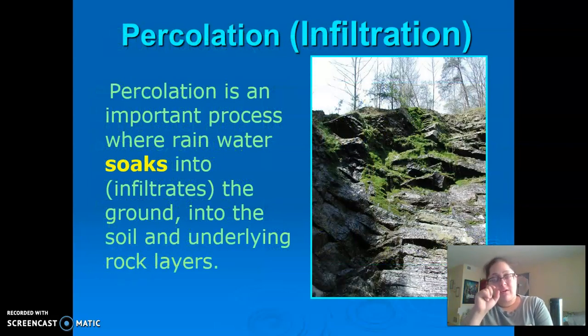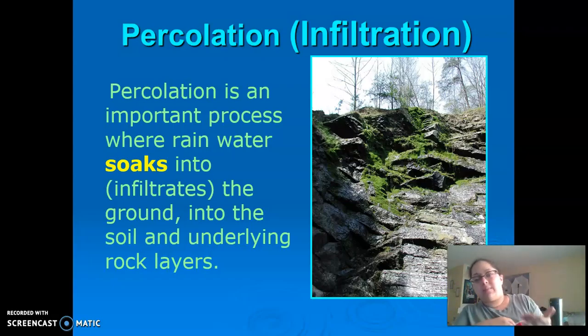Now, percolation is something you may not have heard of. Percolation, otherwise known as infiltration, is a process where the rainwater soaks into the ground. Okay, so this is when water hits the ground and instead of running off, it soaks into the ground, right? Now, this is how grass gets really green and all that kind of stuff because plants get water, yay!